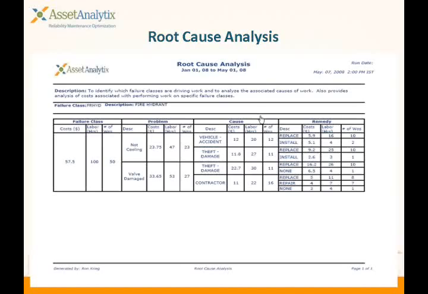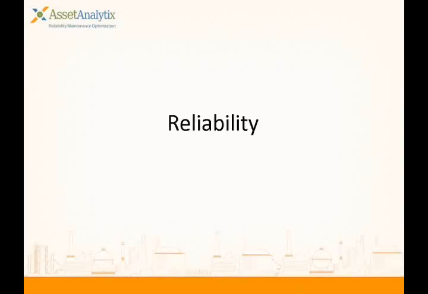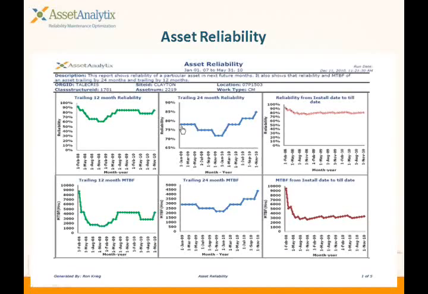So we have close to a 50-50 situation, and as you rightly said, there is a lot of data available. Some is useful, some may not be useful, but the analysis may not be there for decision makers to make decisions. So in the same vein, while we were doing failure analysis, we can also look at the overall bigger picture on the reliability side.